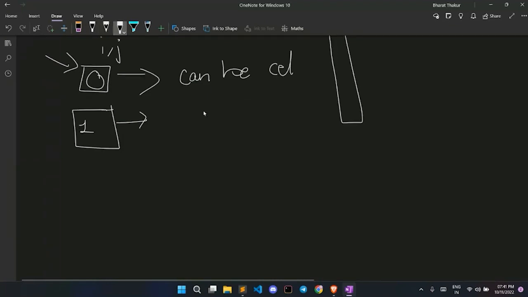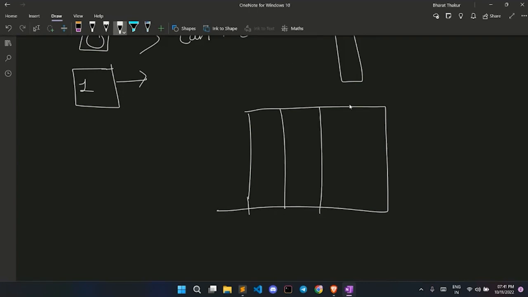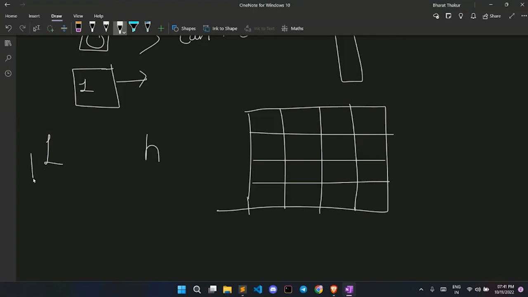So if we are given any value in the matrix, we will check two values. Okay, means we will check one by one. So first of all, let's say that we have all the values from 1 to n. Our L will be here, our R will be here.